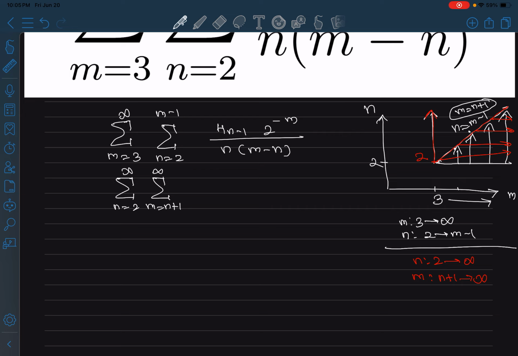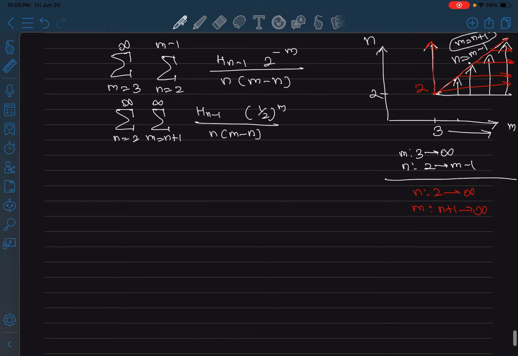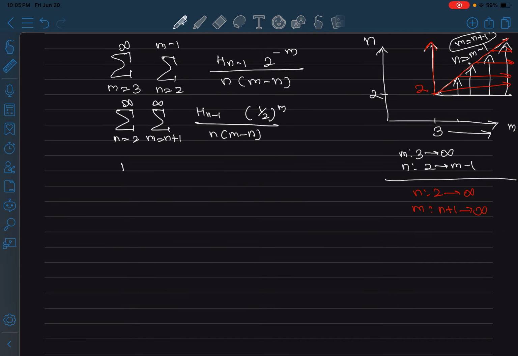Okay. Now let's do this sum. Now this is the sum of n minus 1 over 2 to the power m, times n, times m minus n. Since the inner sum is in m, we can take the terms in n out, as n minus 1 by n. And now this is the sum from m equals n plus 1 to infinity of half to the power m by m minus n.